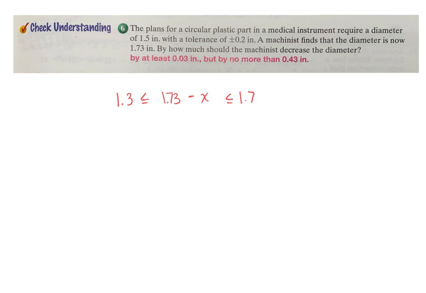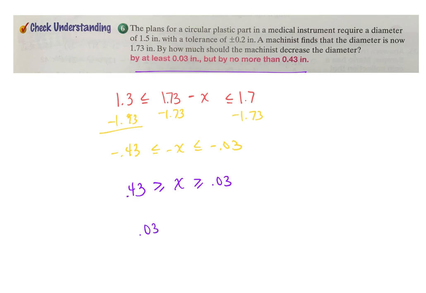If you solved it out, you would have done exactly like we did before. Just divide by your negative. Your greater than sign should have flipped, which is where they got no more than that. So between 0.03 and 0.43 inches.